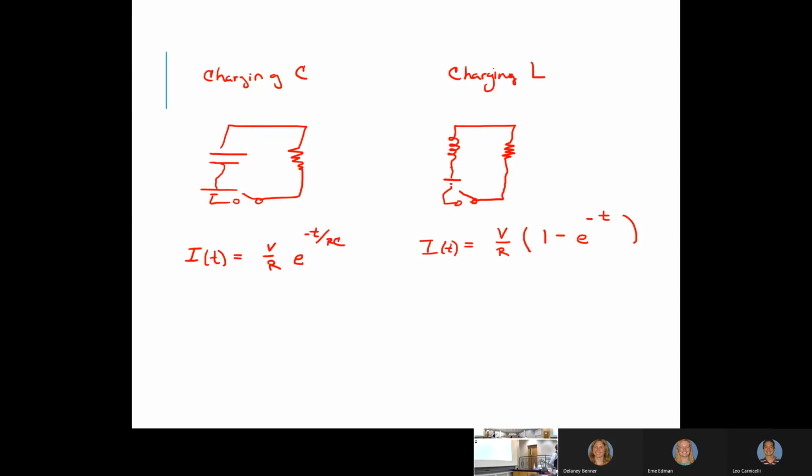The charge on the capacitor as a function of time. If I did the charge on the capacitor as a function of time, that should give you some 1 minus behavior, because it should go up to a constant value. What would this value be? Charge is given by the capacitance times the potential of the battery. This would be 1 minus e to the negative t over RC.